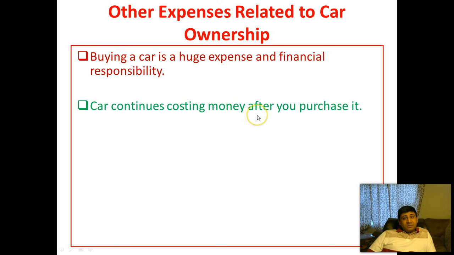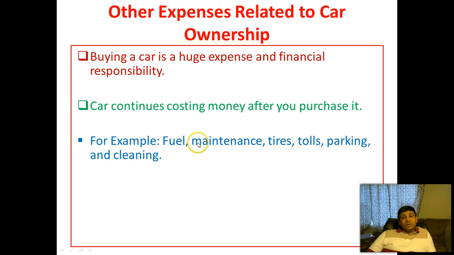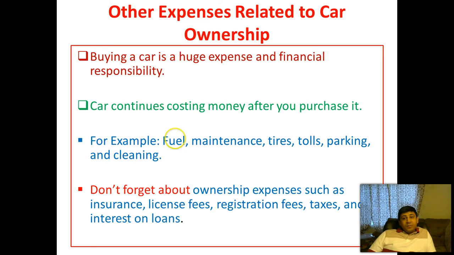A car continues costing money even after you purchase it: fuel, maintenance, tires, tolls, parking, cleaning. Did I miss anything? Maybe I missed something. Don't forget about the taxes. Ownership expenses such as insurance, license fees, registration fees, taxes, interest on loans, and so on. This all comes in one package.